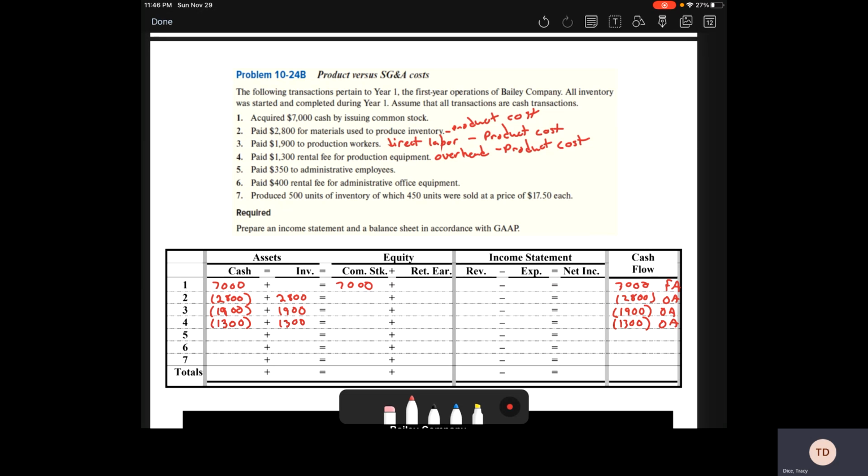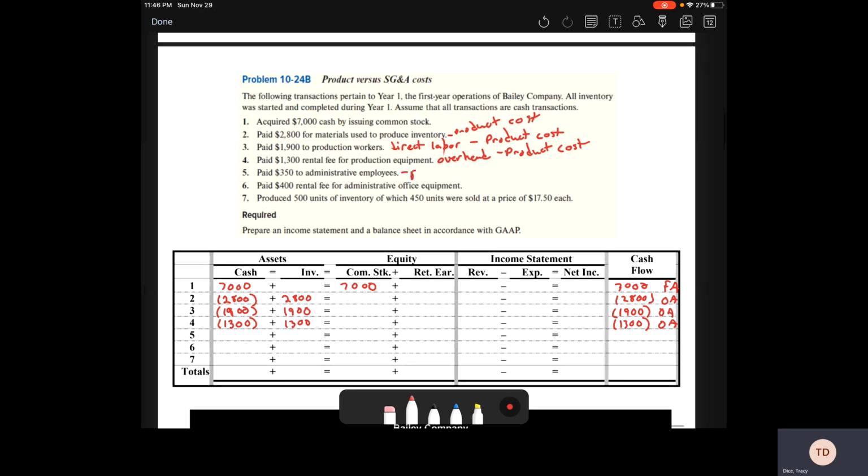All right. We pay $350 to administrative employees. Do our administrative employees have any direct tie to the production of our products? Hope you said no. So these are period costs, which means that we are going to take care of that right here. So it's an expense that we're taking care of.